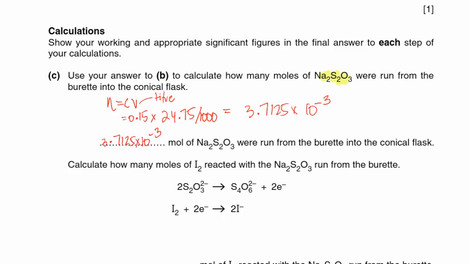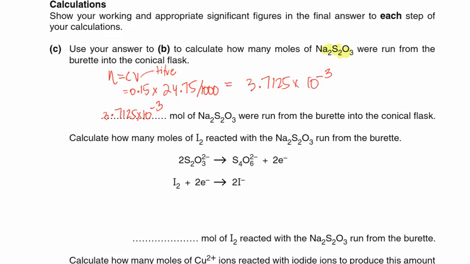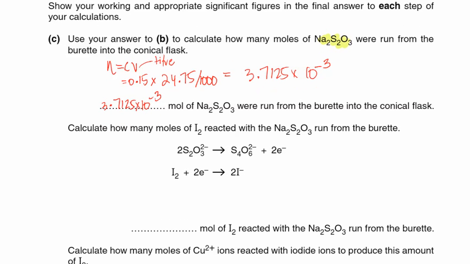Now the next bit, how many moles of iodine react? Now the ratio for iodine to thiosulfate is 1:2.